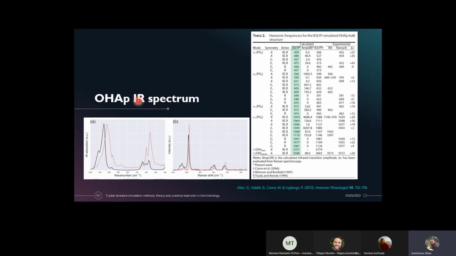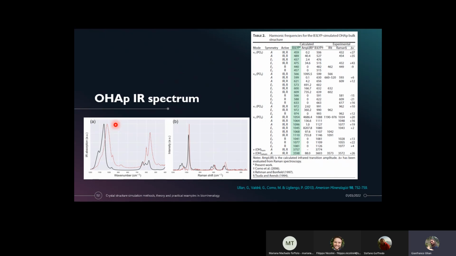We'll see it later. Here you can see a simulation of the infrared and Raman spectra of hydroxyl apatite. The solid line is the simulation, and the dashed line is the experimental result.